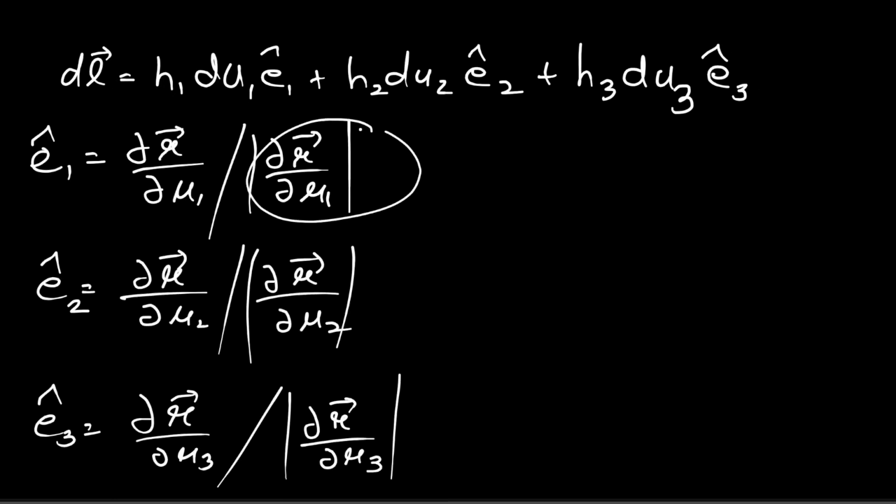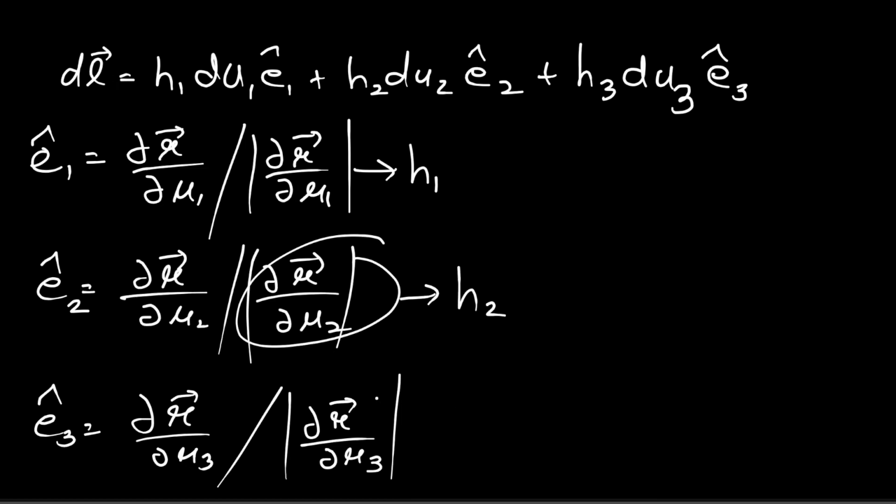The h1, h2 and h3 are the magnitude values, and these e1, e2, e3 are the unit vectors.